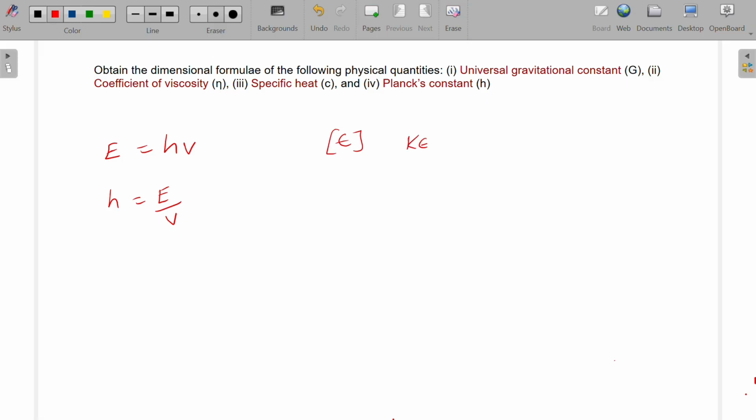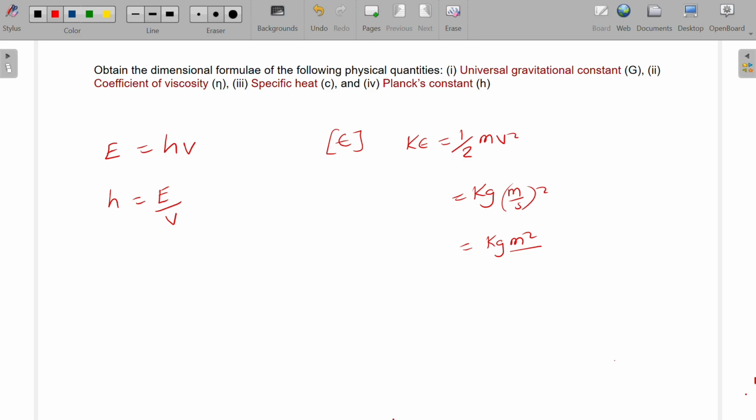So we'll get the dimensions for energy from the kinetic energy formula, which is half mv squared. We find that half is a constant, we don't consider it here. So what we have is mv squared, where m is mass and v is velocity. Mass is measured in kgs. Velocity is measured in meters per second, but this is squared.